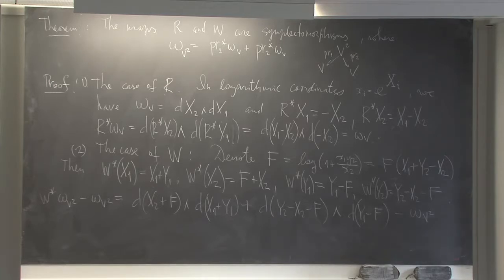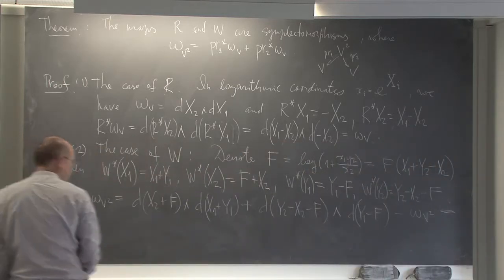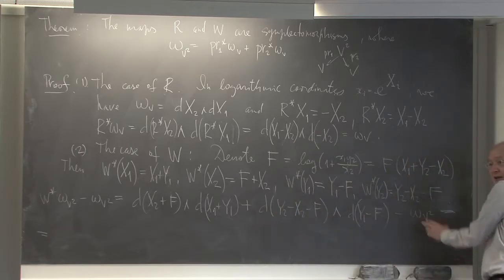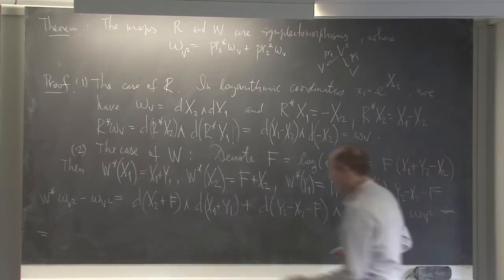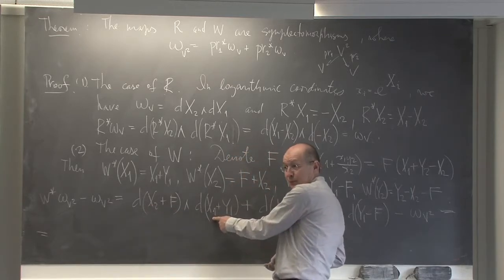So I don't write it explicitly for the moment. And now I want to single out the terms which would cancel with that guy. So which means that I have to single out dx2 times dx1.